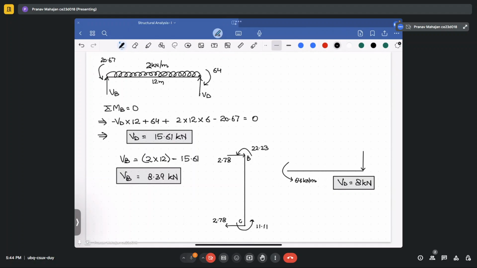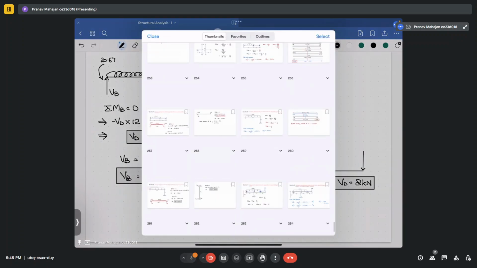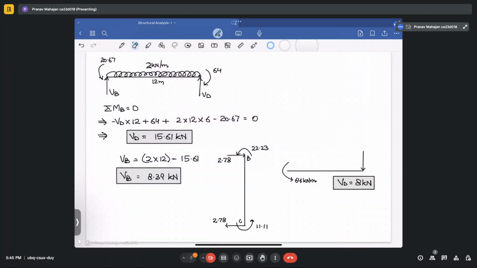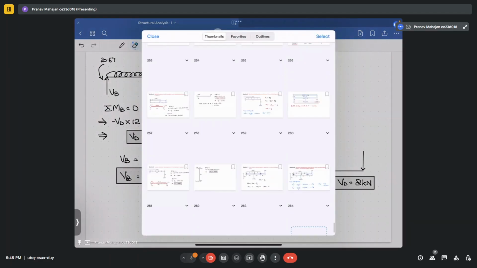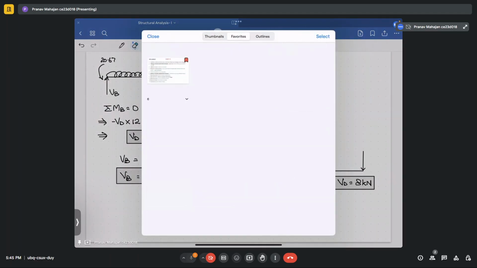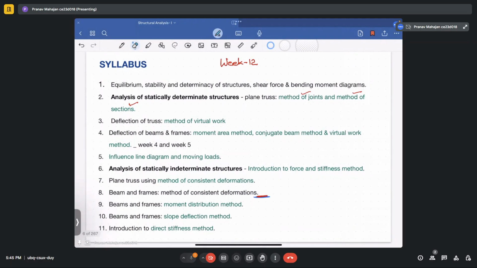So if anyone has any problem, they can post in the discussion forum available in the Swayam app. The TAs will try to solve their queries as soon as possible. And by now, you are reaching the final week of this structure analysis course. Now only the last week is pending, in which you will see how the direct stiffness method will be utilized in solving problems.